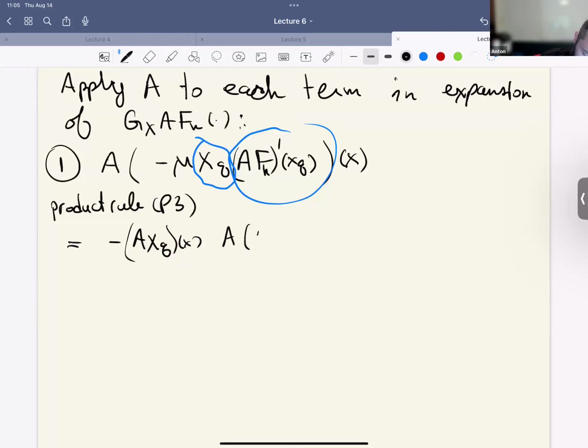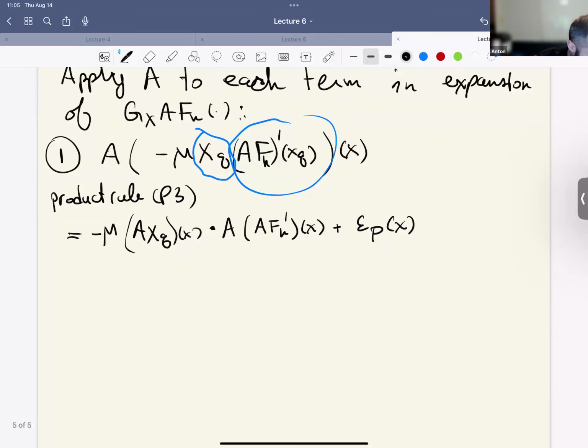A applied to f sub h prime at the point x. And of course, I have a negative mu. The constant gets pulled out because A is a linear operator. Plus the product rule error term.